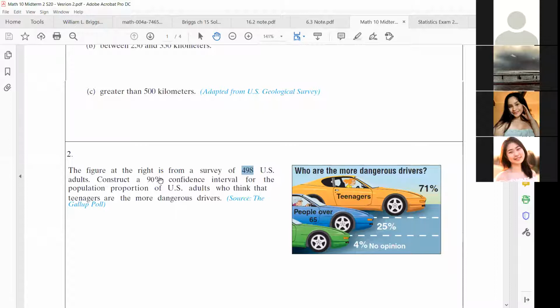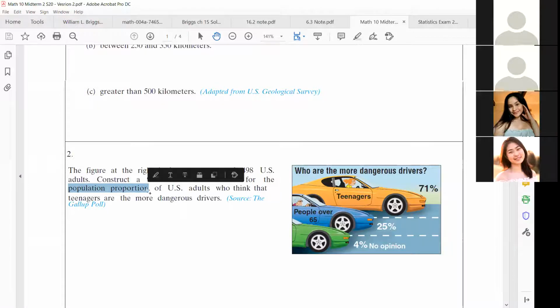What is 90%? C, which is level of confidence. Level of confidence for the population proportion. Guys, when you read a question, quickly identify the estimate. Is it a mean? Is it proportion? Is it standard deviation?